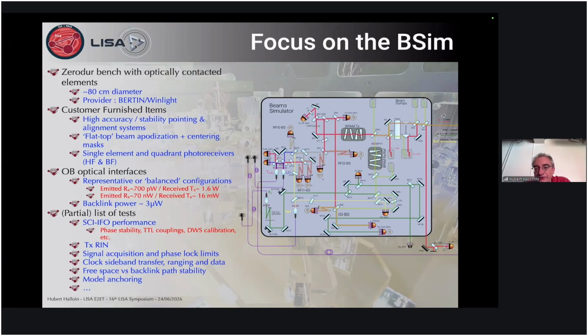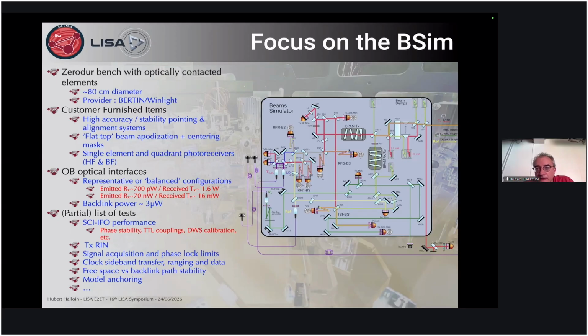But there is also the possibility to increase the RX power by 100 and decrease the TX power accordingly, which allows us to reduce a lot the shot noise and check what are the technical noises behind the dominating shot noise.